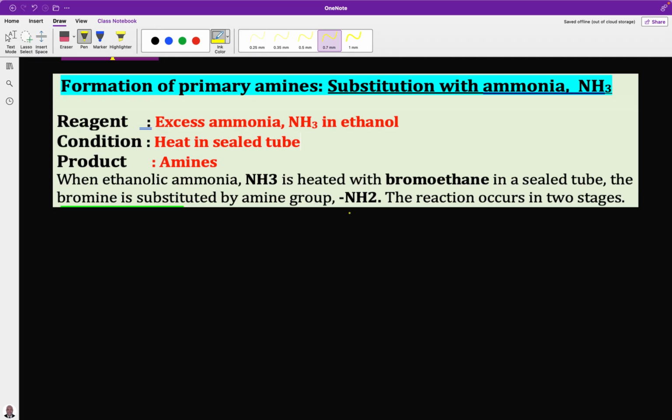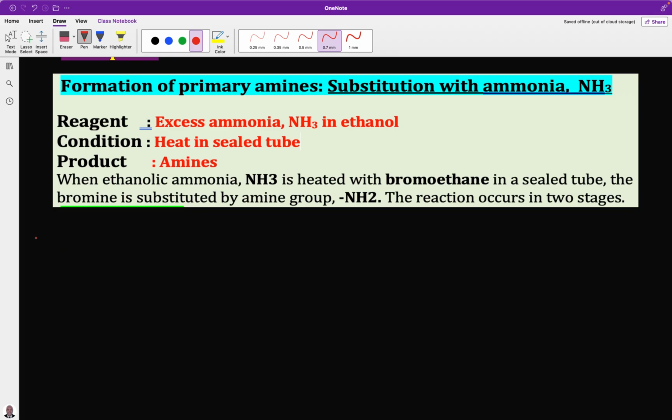The first step is the formation of a salt, and the second step is the formation of the amine. So let me show you how it goes. Now, this is our molecule, bromoethane.